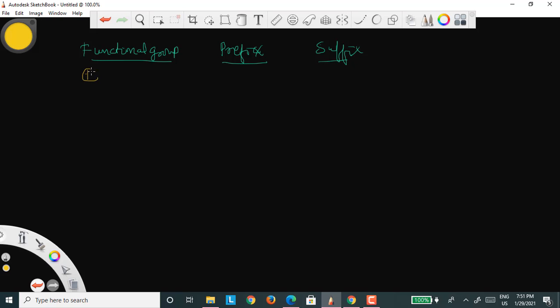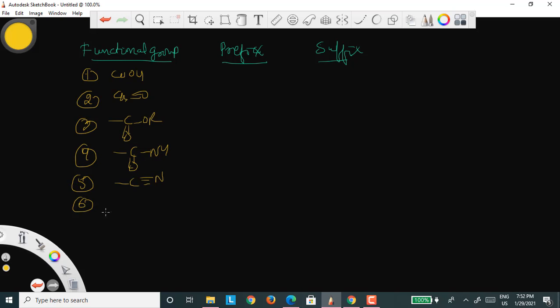Number 1 is COOH, number 2 aldehyde CH double bond O, number 3 ester C double bond O OR, number 4 let us take amide CONH2, number 5 CN, number 6 C double bond O with halogen. For the carboxylic acid, its prefix is carboxy and suffix will be carboxylic acid.